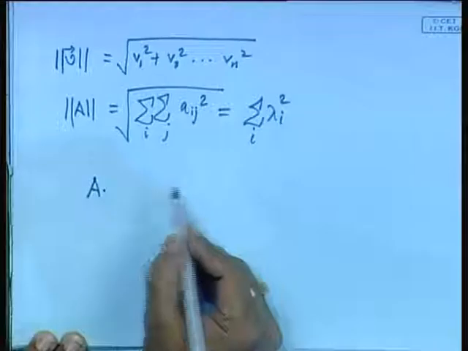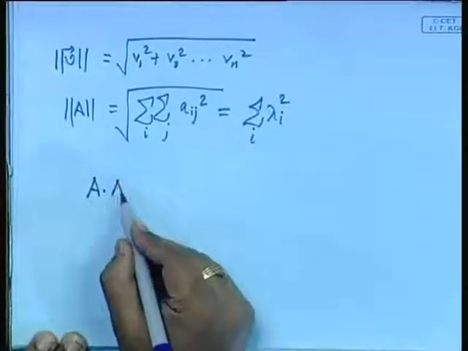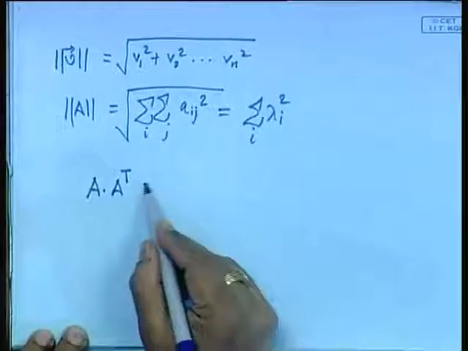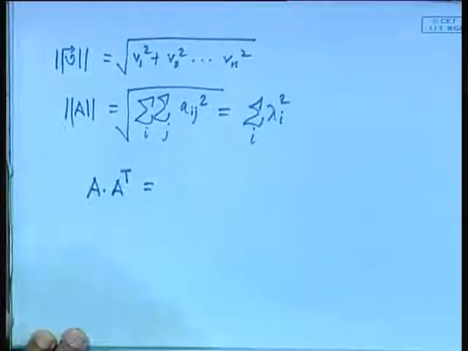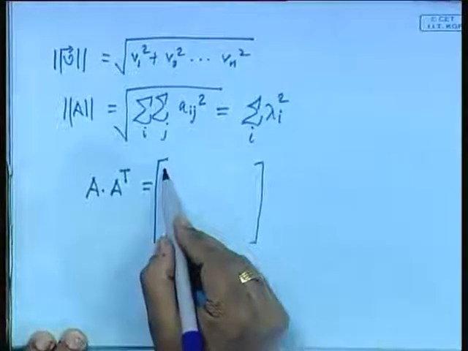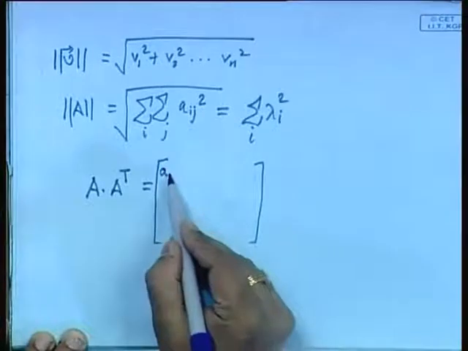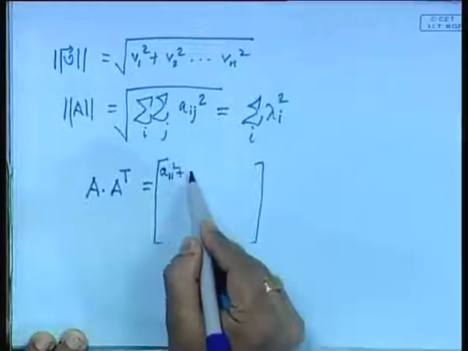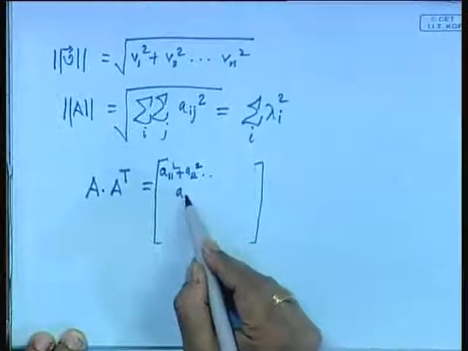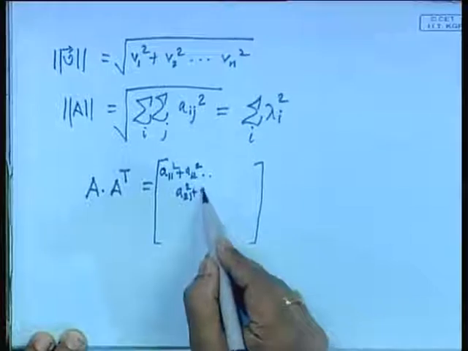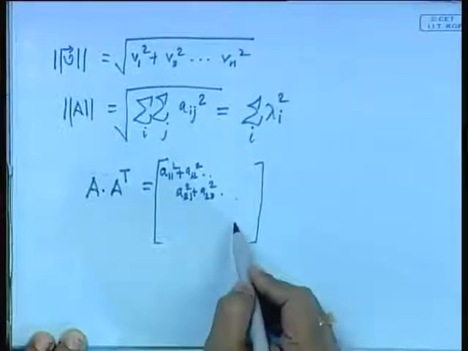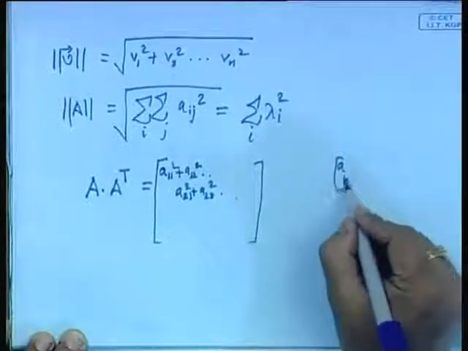Suppose A is a symmetric matrix, then A is the same as A transpose. Okay, forget about A being symmetric. Think of A times A transpose. What are the diagonal elements of A A transpose? What will be this element? This is a1 square plus a2 square and so on. Can you see this? If you take a small matrix, it will be very clear actually.